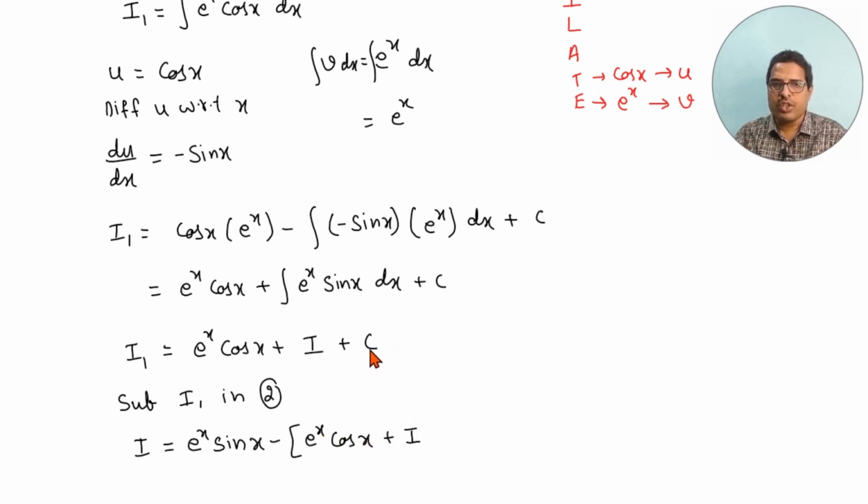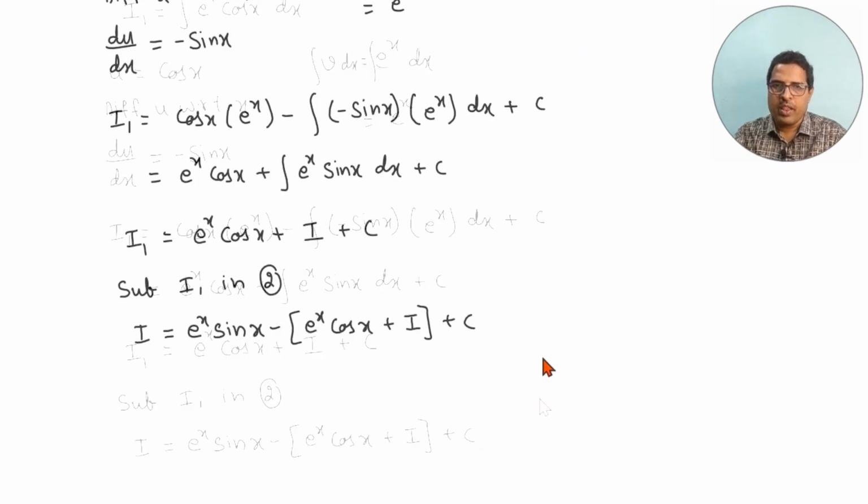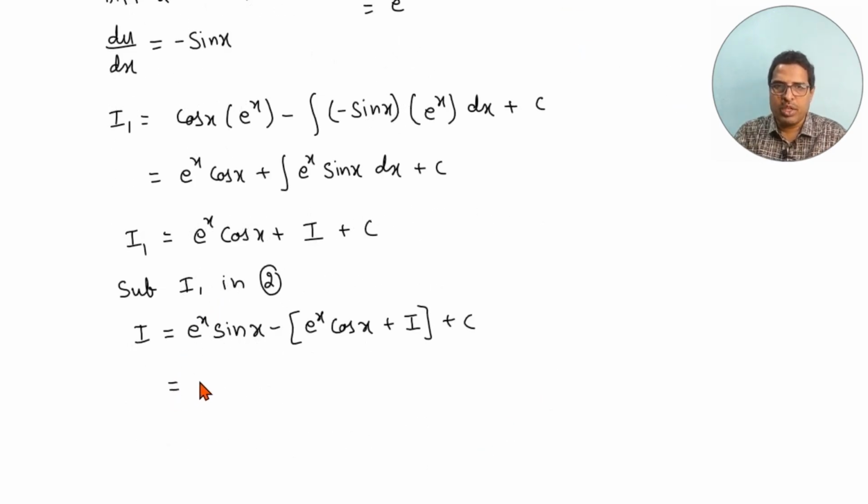Now since this constant of integration and the previous constant of integration, we can replace them by a single constant c. Or further, let us try to simplify this one. It is e to the power x into sin x, multiply this minus inside, it is minus e to the power x into cos x, again minus into plus will become minus I, plus this constant c.